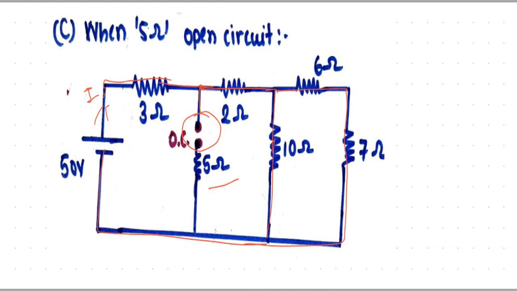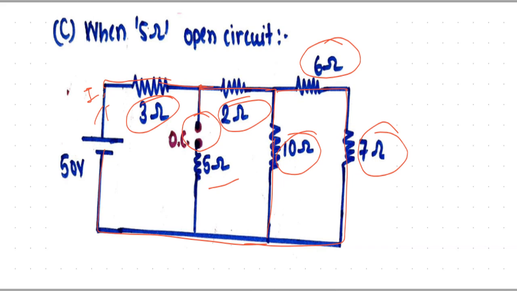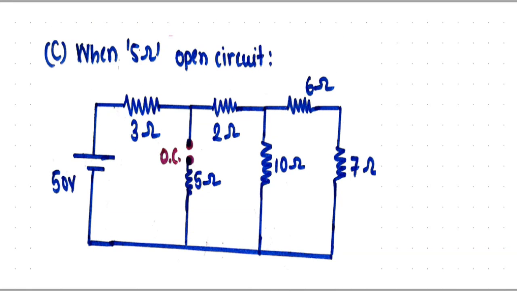So you can say that for this particular case, 6 ohm is in series with 7 ohm, parallel with 10 ohm, in series with 2 ohm and in series with 3 ohm. So we are not considering 5 ohm in this particular case. So I will just show you how to write equations for this condition.